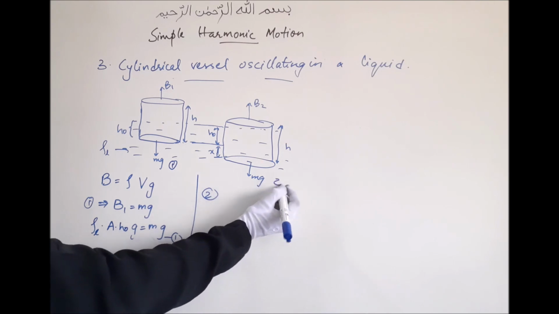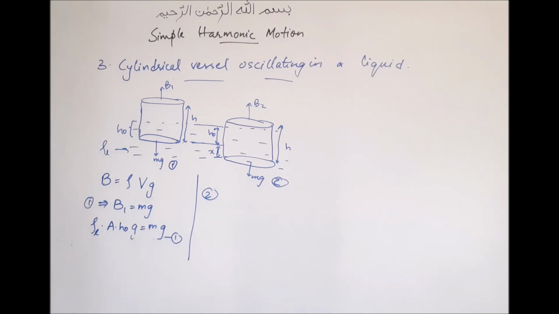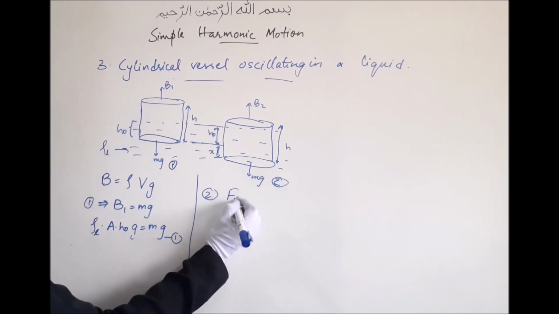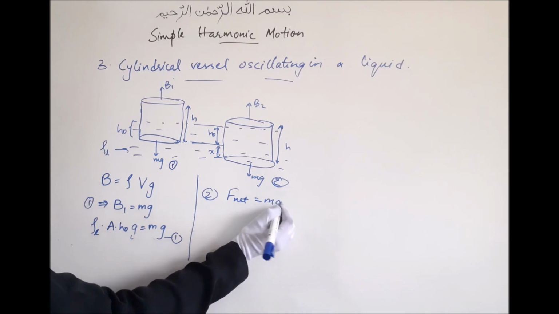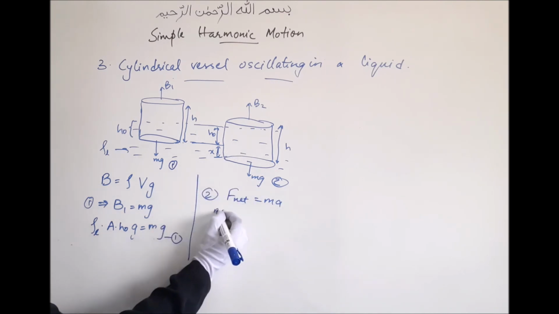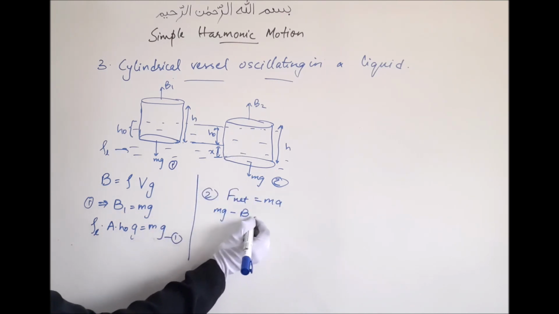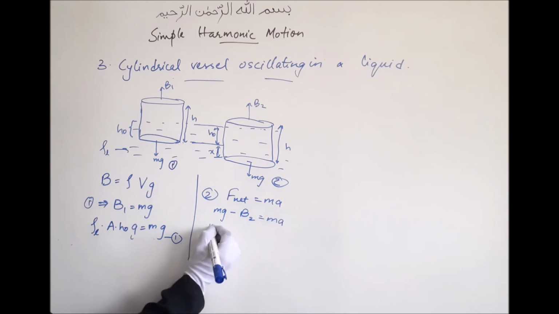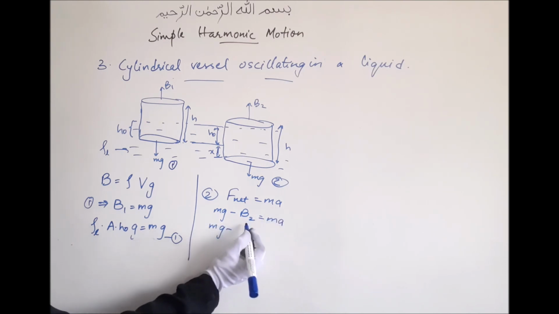Now this is the second case. For the second case, the equation of motion in this displaced position is given by the net force is equal to ma. What is the net force acting? mg downwards minus B2 upwards is equal to ma. What will be B2 here?